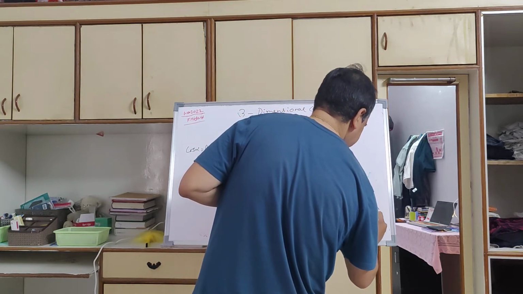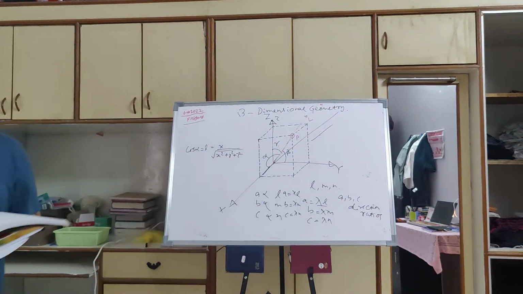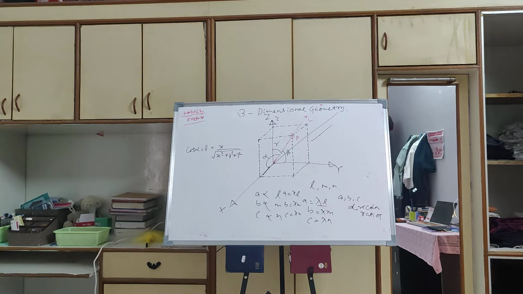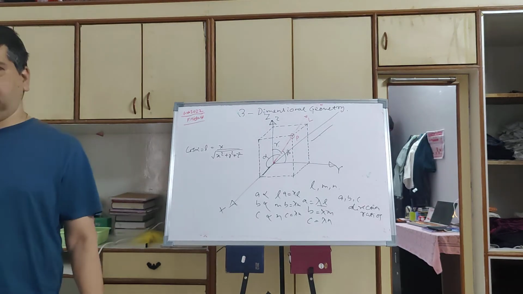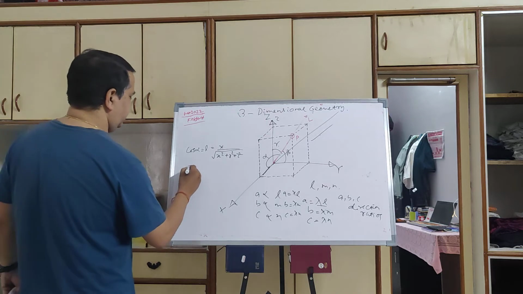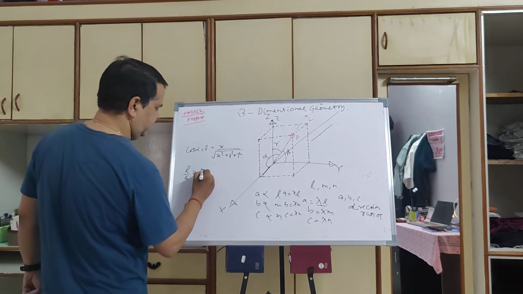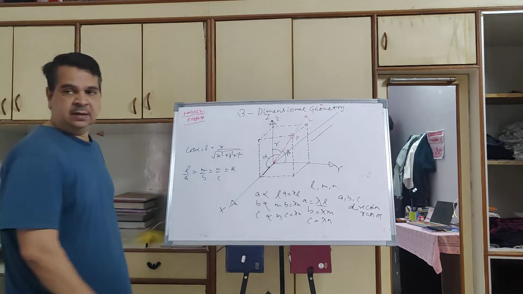So A is equal to lambda L, let us say that is a constant. In that case, L by A is equal to M by B is equal to N by C, which is a constant.